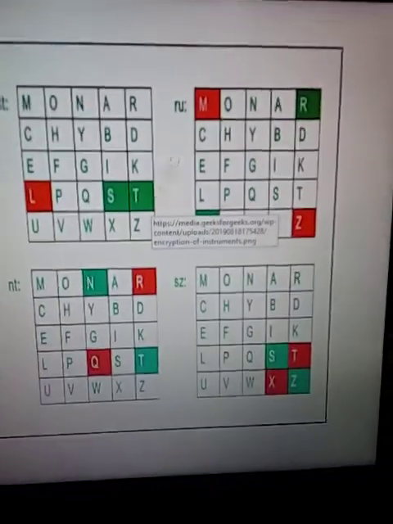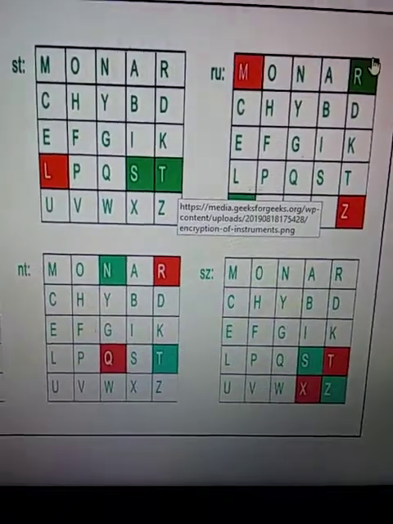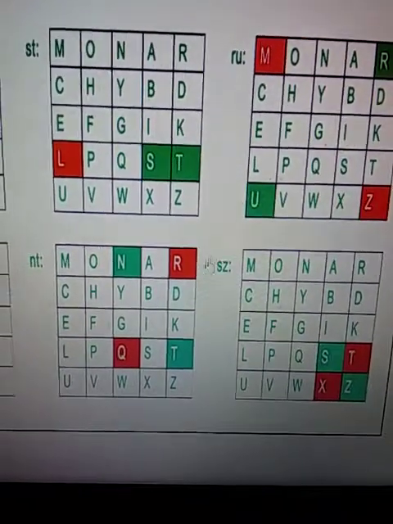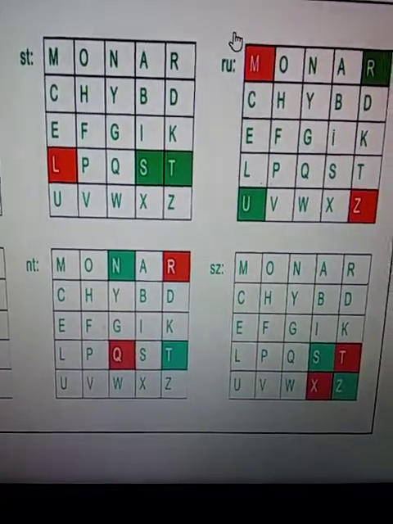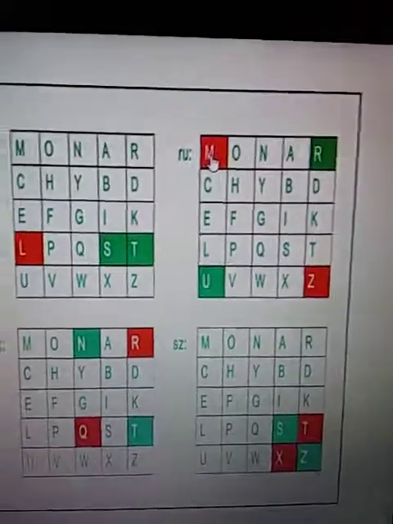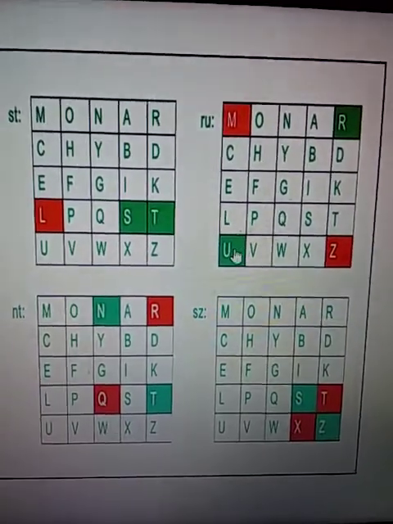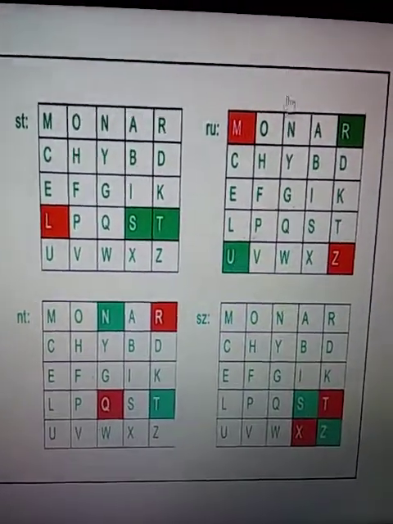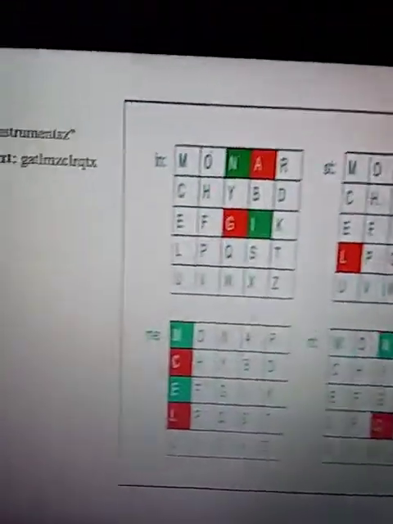And here the next one is "ru". R exists at the end of this column and u comes here, so it forms a square. The leftmost corner value is to be substituted for this r, and the rightmost is to be substituted for this u. So for this r and u, m and z are substituted.